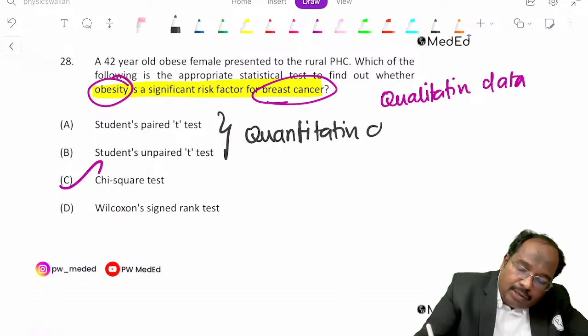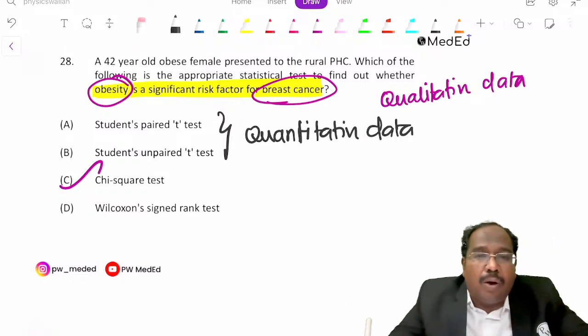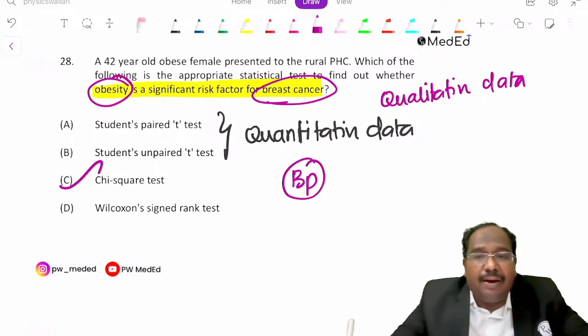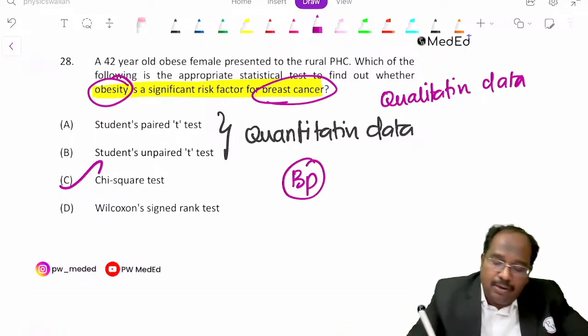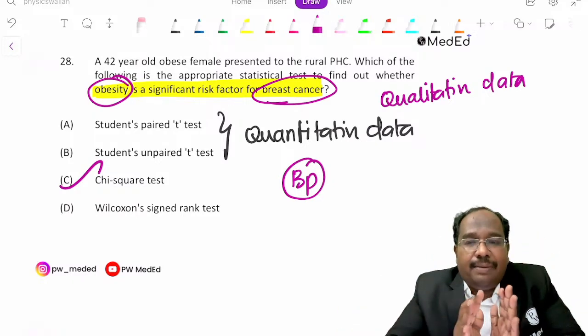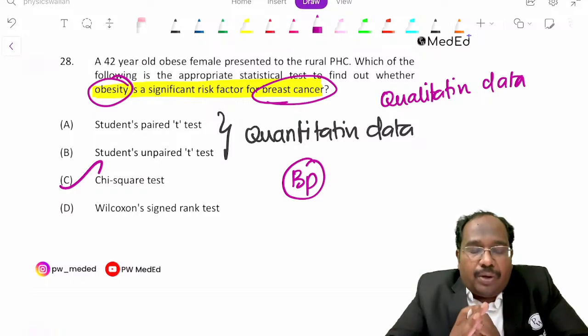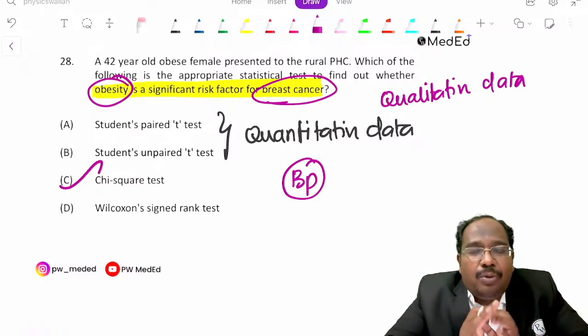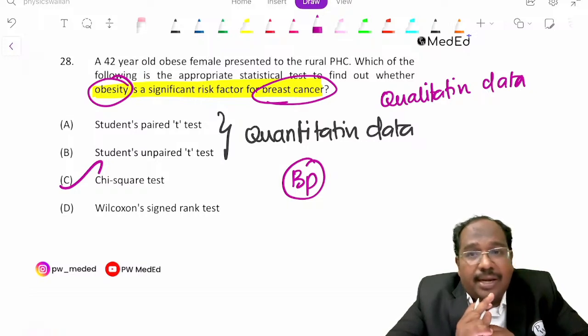So what is quantitative data? Suppose I have blood pressure and two drugs available. I divide hypertensive patients into two groups, like a classroom divided into two groups, all hypertensive, let us assume. For one group I give drug A and for the other group drug B. Blood pressure is measurable, so that is quantitative data.